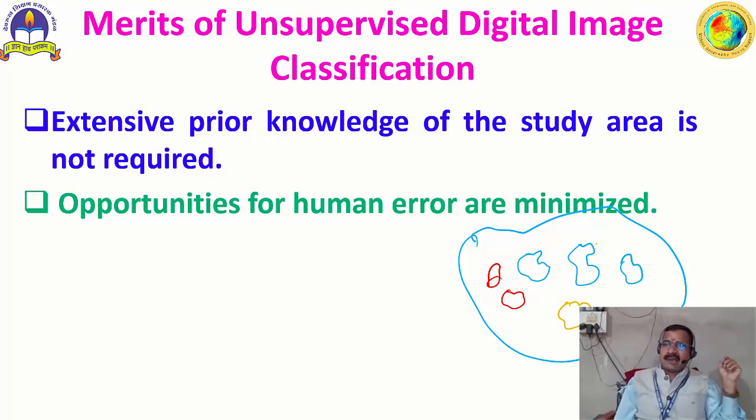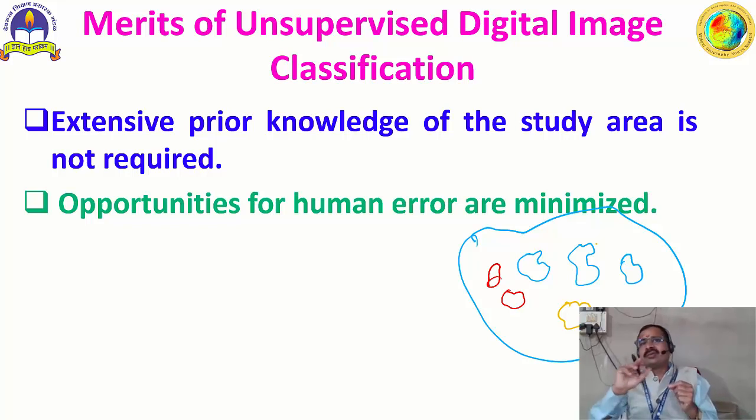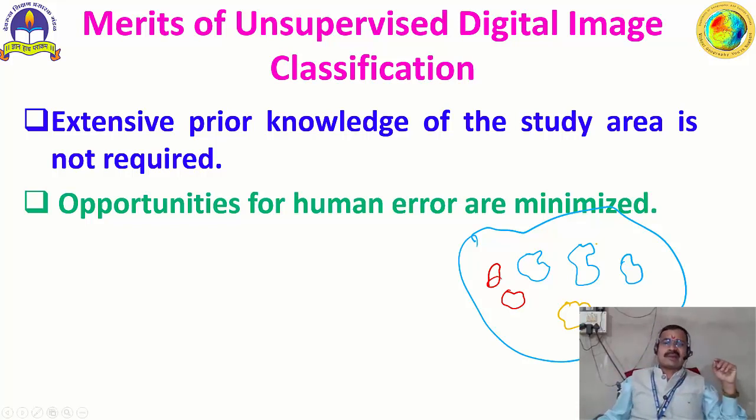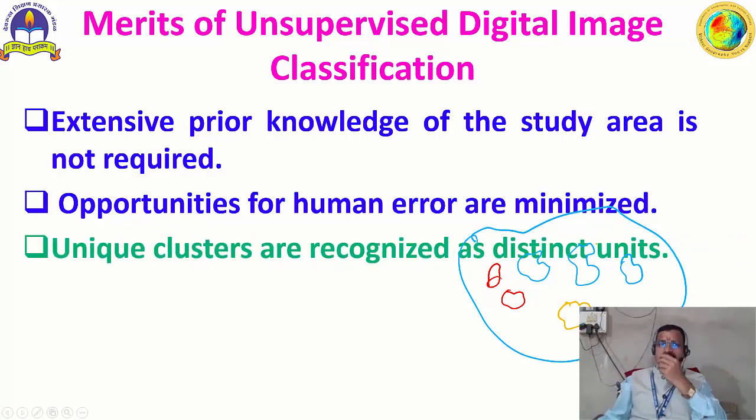Sometimes there are fuzzy, pseudo boundaries, or pseudo pixels, that are actually representing shadow, but we take them as vegetation because they are absorbing the energy received from the sun. At that time, in supervised classification, there is a possibility that we are providing false information to the computer, but in unsupervised classification it is not possible. So opportunities for human error are minimized in unsupervised digital image classification.